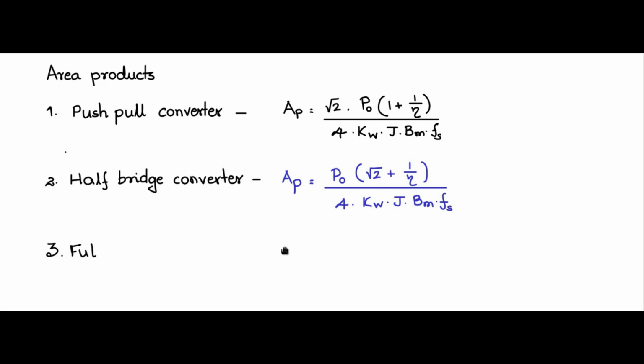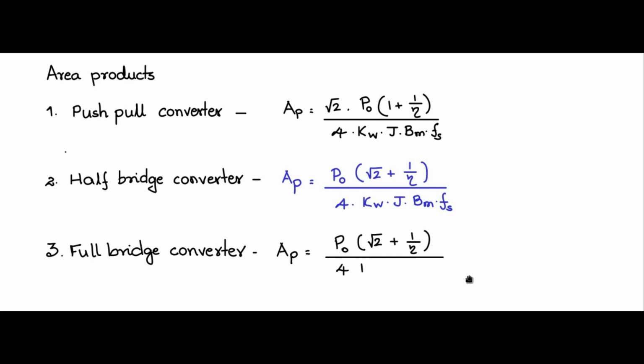The full-bridge and half-bridge converter transformers are very similar, and the voltage wave shapes across the primary and the currents through them are all similar, and therefore you will have a similar area product equation. The difference, of course, will come in the actual values, the currents and the amplitudes of the voltage. So this is the area product for the full-bridge converter.